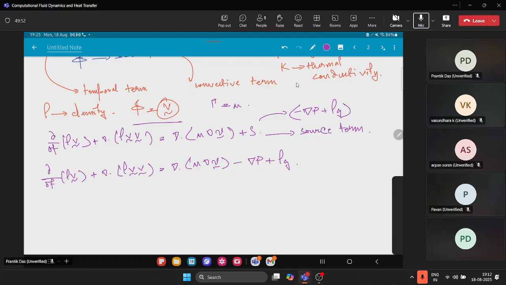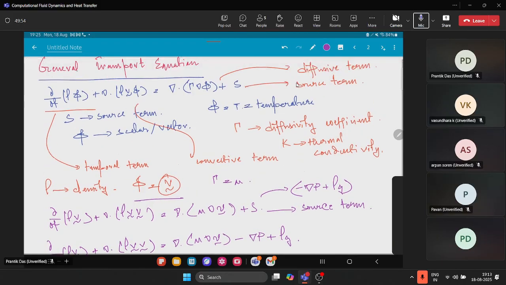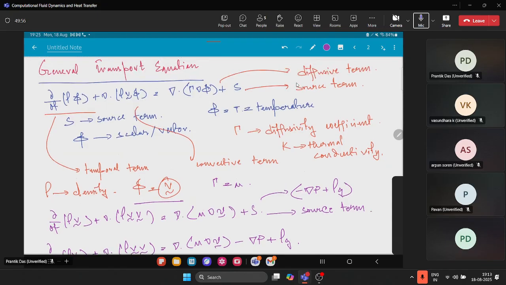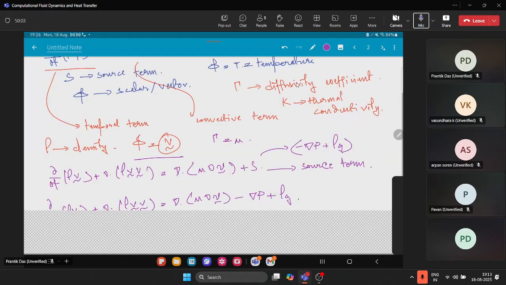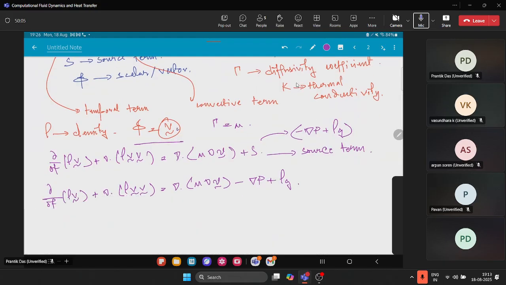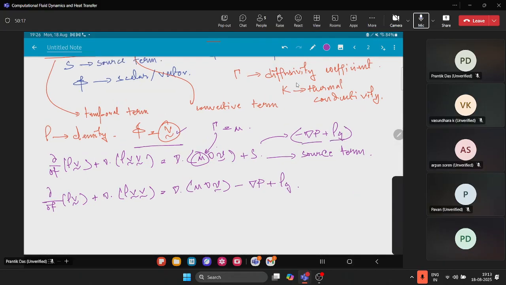The general transport equation is pretty much the general form of any transport equation you have in your transport phenomena problem. If I put phi equal to the velocity vector, gamma equal to the dynamic viscosity of the fluid, and S equal to minus grad P plus rho g, this becomes the Navier-Stokes equation.